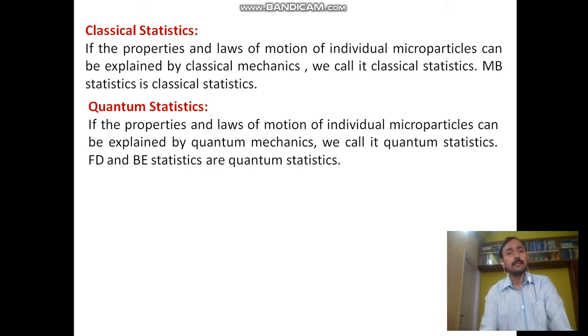Quantum statistics: if the properties and laws of motion of individual microparticles can be explained by quantum mechanics, we call it quantum statistics. It is also, as we have stated, Fermi-Dirac and Bose-Einstein statistics are quantum statistics.